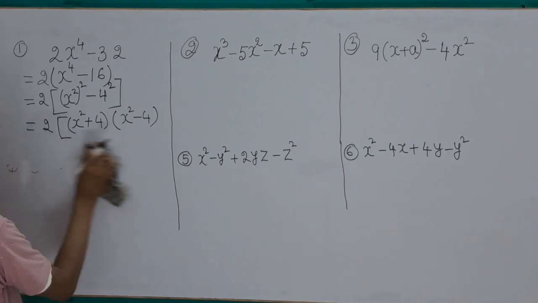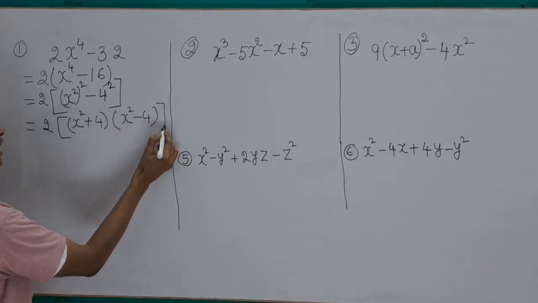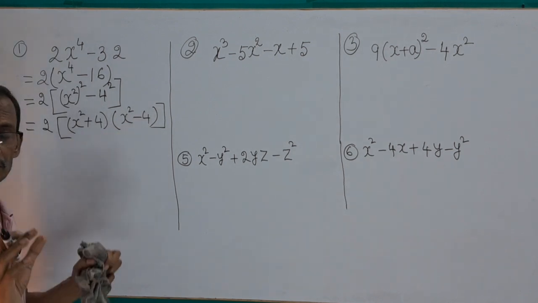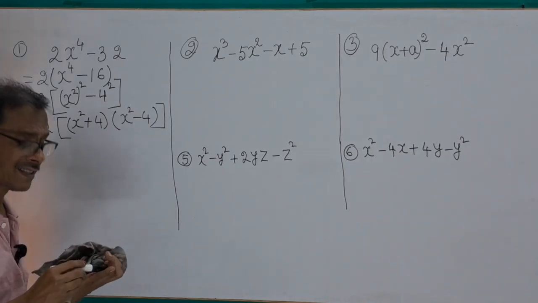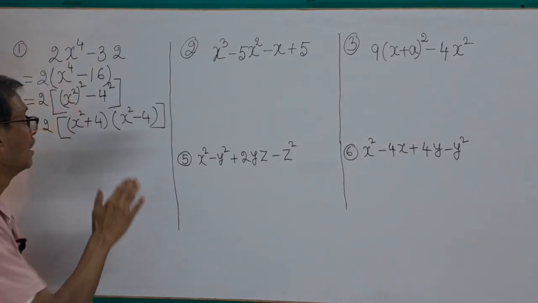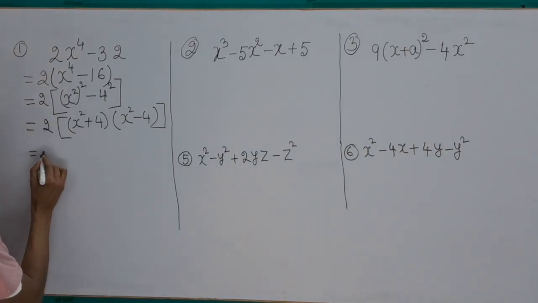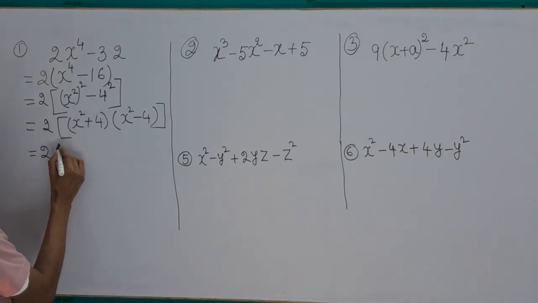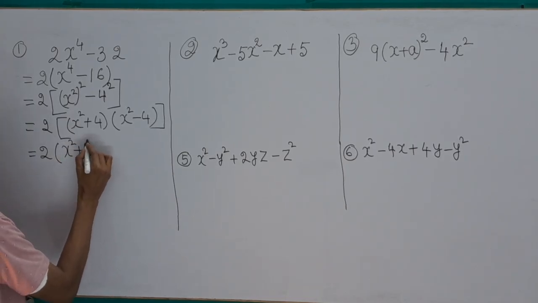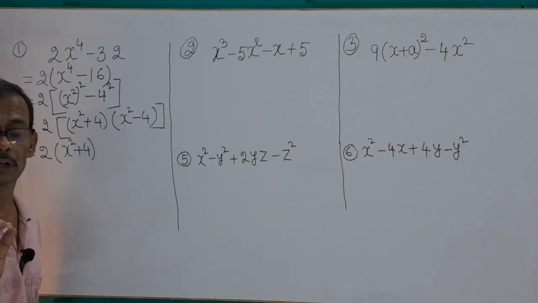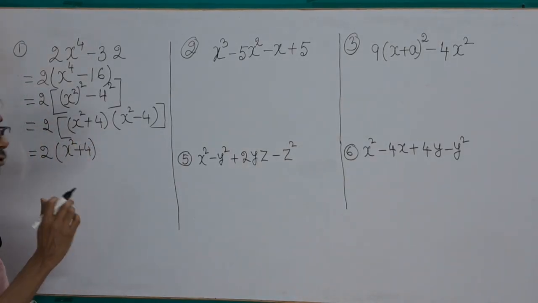Now you can see, students may think that my factorization is over, but it is not over. x square minus 4, again you can see it is coming in the form of a square minus b square. So what I will do? 2 into x square plus 4 you can take outside safely. Why? Because you don't know how to factorize x square plus 4, so you take it out.